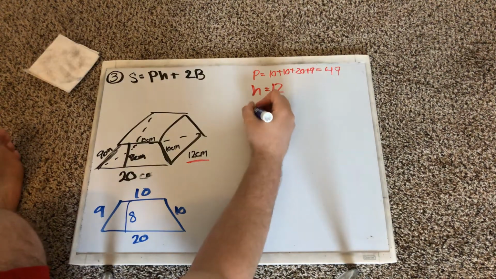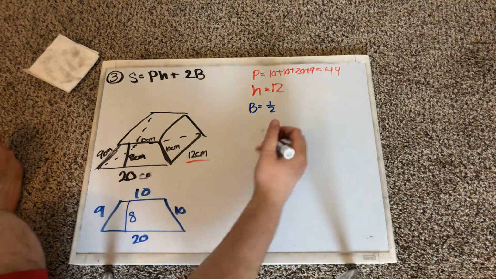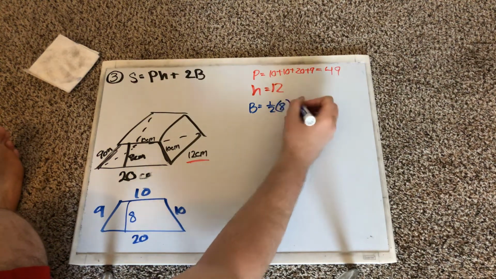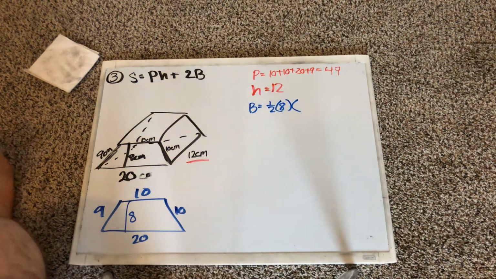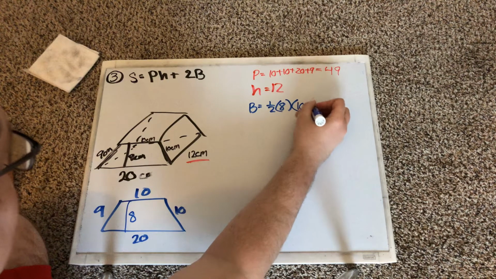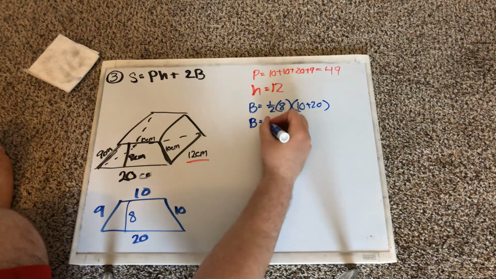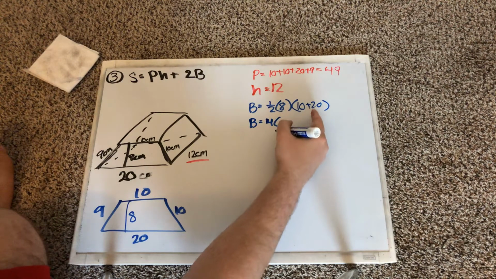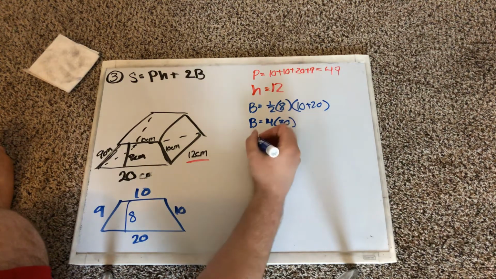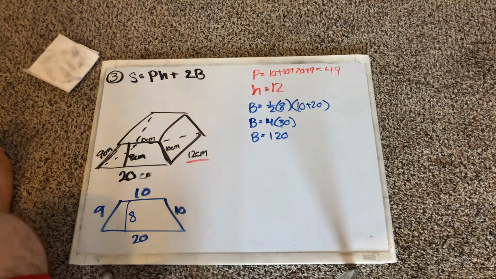The area of this trapezoid is 1/2 times the height of the trapezoid, which is 8, times the sum of the two bases, so 10 and 20. One half times 8 is 4. 10 plus 20 is 30. 4 times 30 is 120.